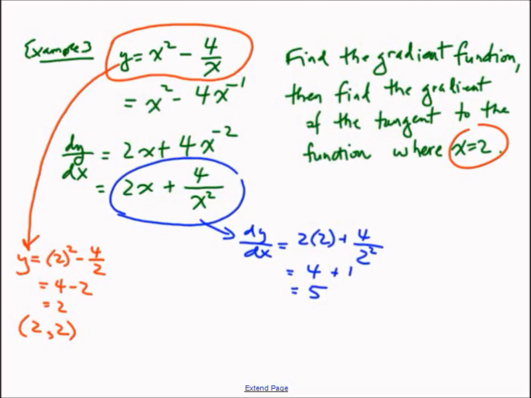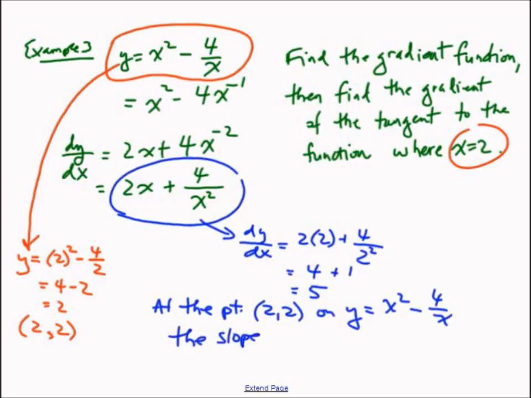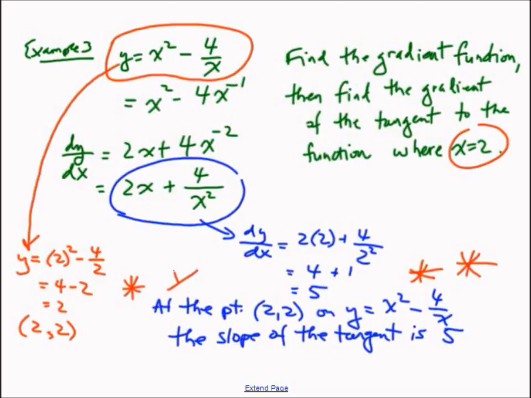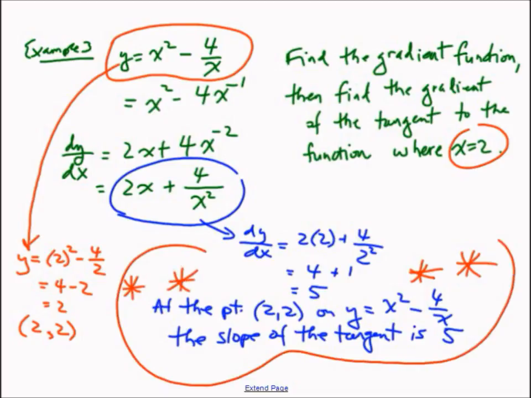So what this actually means is at the point 2, 2 on y equals x squared minus 4 over x, the slope of the tangent line is 5. Okay, very, very important. Please make sure you understand this concept.